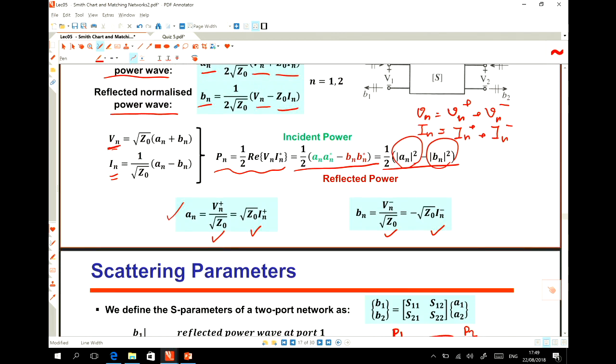So I leave you one exercise. You find this equation that S11 squared plus S21 squared equals 1.